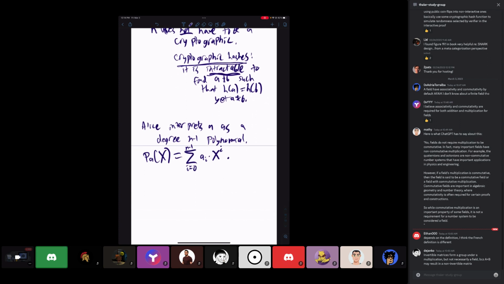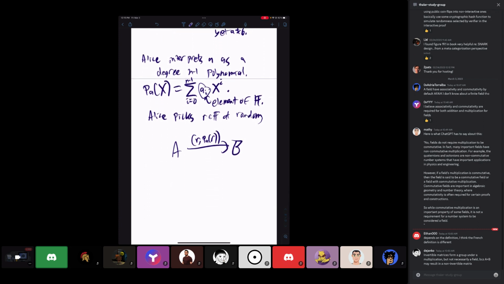And then what she's going to do is she picks a field element R at random. And she sends to Bob R and P_A(R).